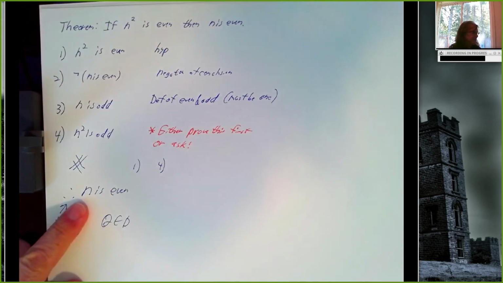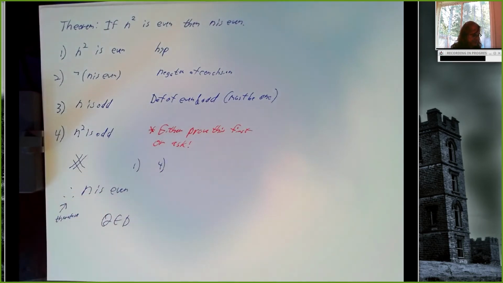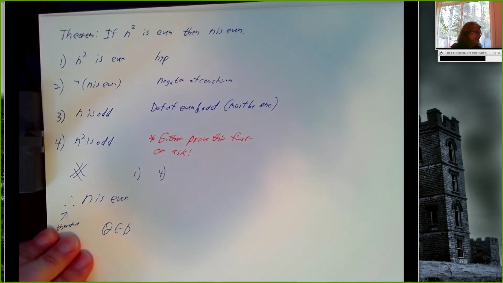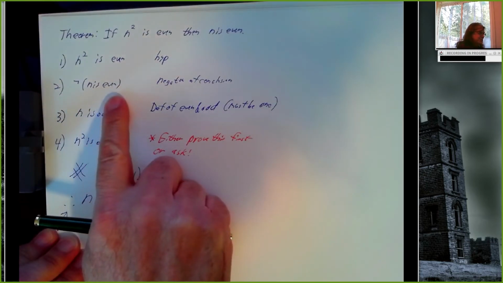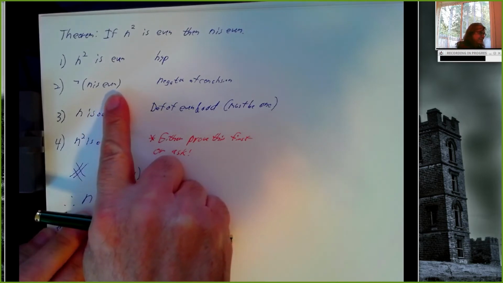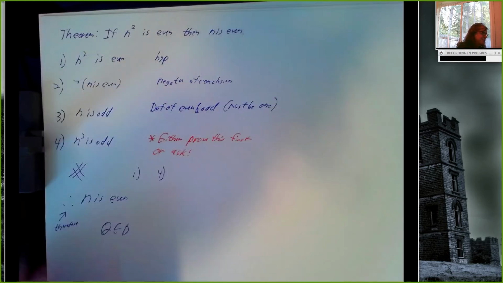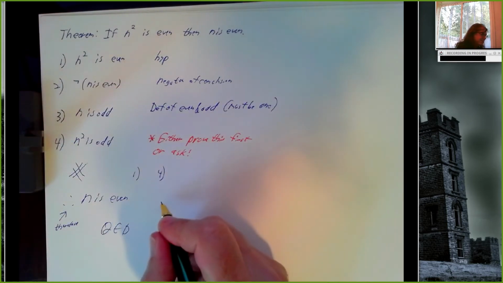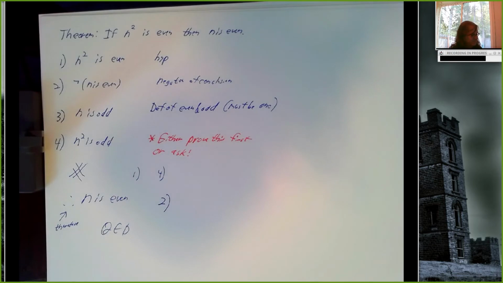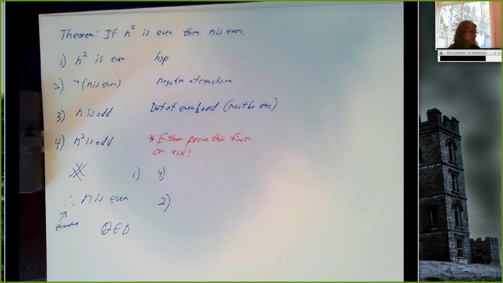This? Yeah. No, so n squared is even was a hypothesis. So we were already assuming n squared is even. But then in step 2, we assumed that not n is even. And we reached a contradiction, which means that negation was incorrect. And so, in fact, the thing that we negated is true. In other words, n is even is true.